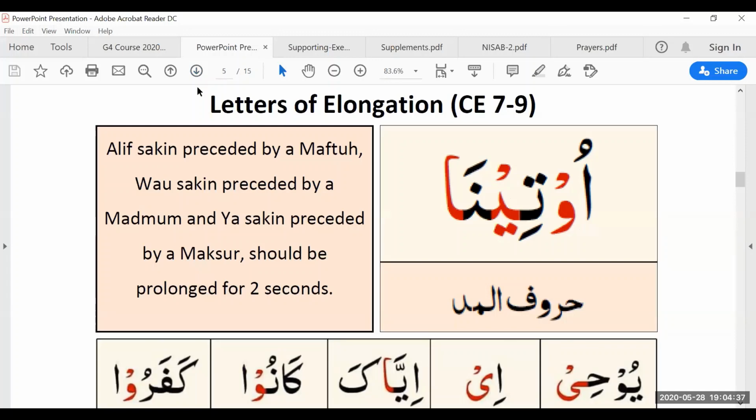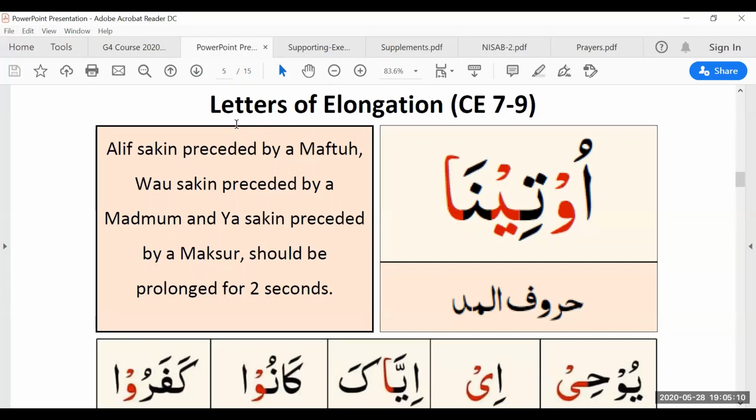I would like to ask right now if any of the students remember what a maftuh, madmoom, and maksur letter is. So you can raise your hands if you would like to answer. Assalamu alaikum.